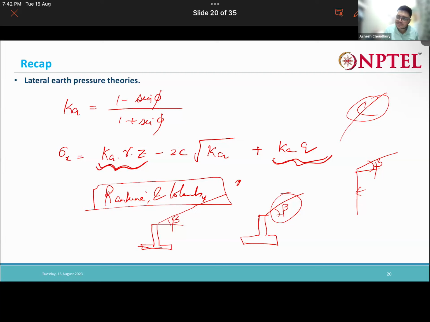The maximum value of beta is phi. Why is it phi? Can beta be more than phi? No, right? Because the soil will collapse. So the maximum value of beta is nothing but phi.